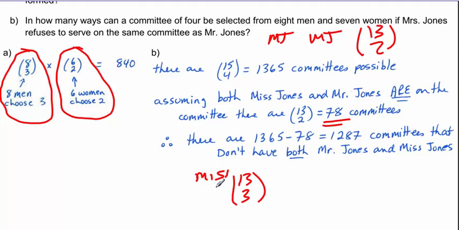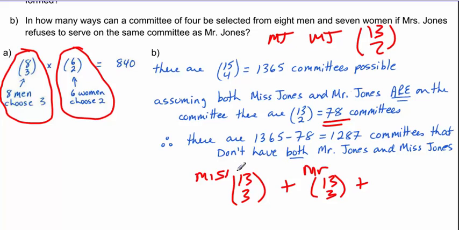Miss Jones is already on, and Mr. Jones is not being considered. So there are 13 choose 3 ways to get committees that have Miss Jones but not Mr. Jones. Similarly, in a completely separate group, Mr. Jones could be put on the committee, Miss Jones would be eliminated from the list, and then there would be 13 choose 3 more ways to pick a committee that has Mr. Jones but not Miss Jones.